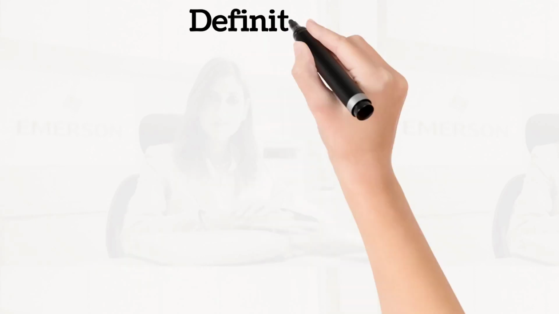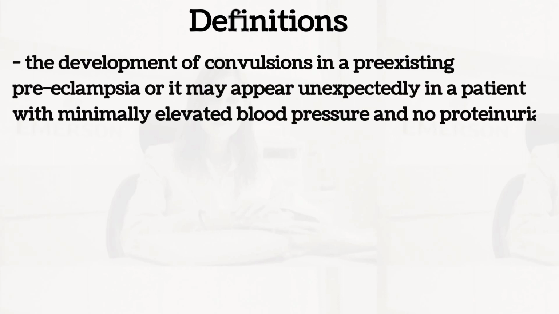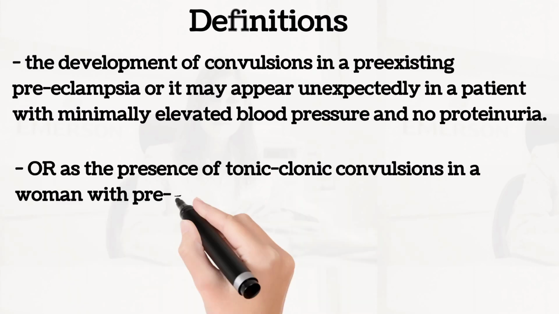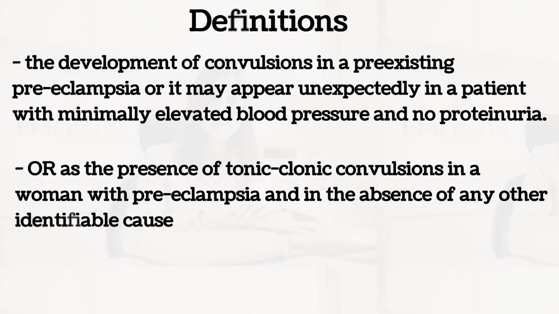Definitions for eclampsia. Eclampsia can be defined as the development of convulsions in a pre-existing preeclampsia patient, or it may appear unexpectedly in a patient with minimally elevated blood pressure and no proteinuria. Or you can define it as the presence of tonic-clonic convulsions in a woman with preeclampsia and in the absence of any other identifiable cause.